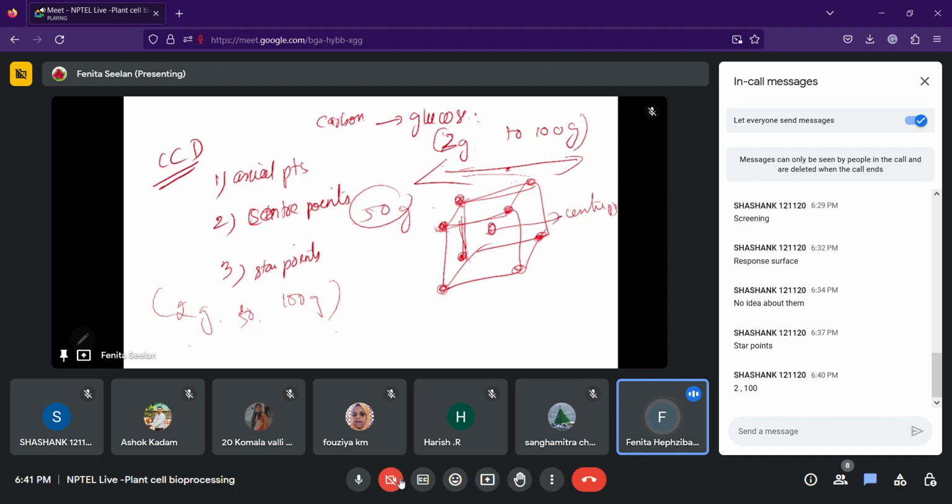And where will be the star point? Star points are kept at a distance of alpha. Alpha is a particular, specific distance. You can go and read.